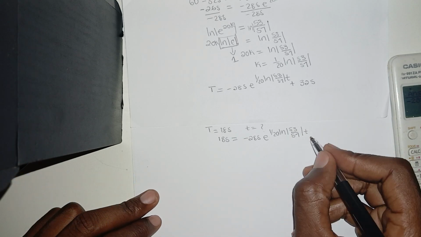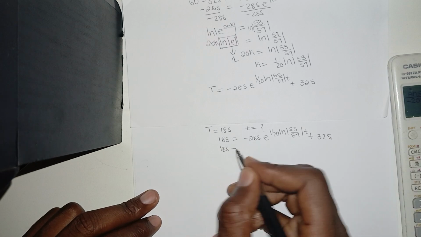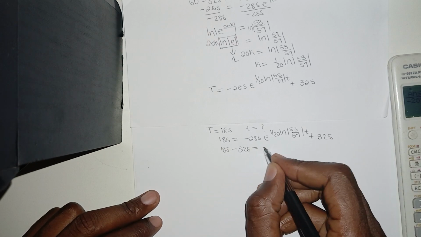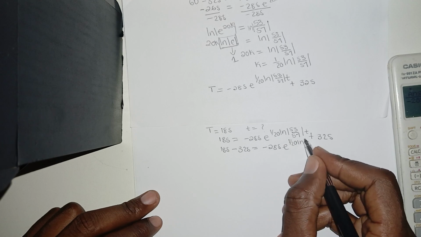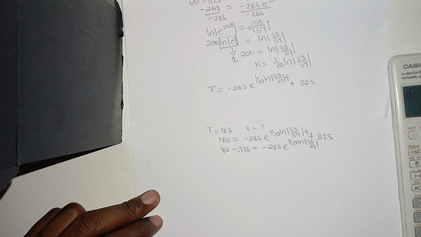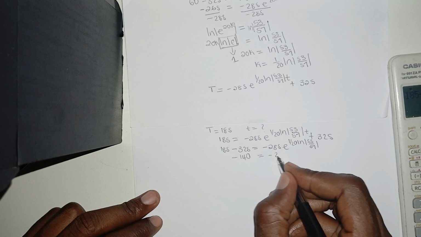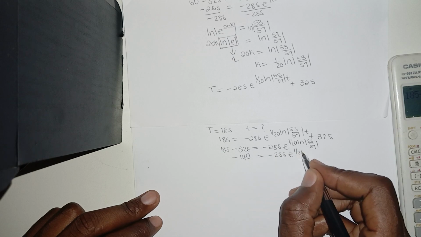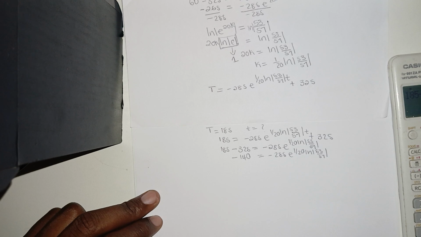times t, and plus 325. Now 185 minus 325 is equal to negative 285 e to the power 1 over 20 ln of 53 over 57 t. Now 185 minus 325 is equal to negative 140. Now negative 140 divided by negative 285 is equal to e to the power 1 over 20 ln of 53 over 57 t. We still have our time there.